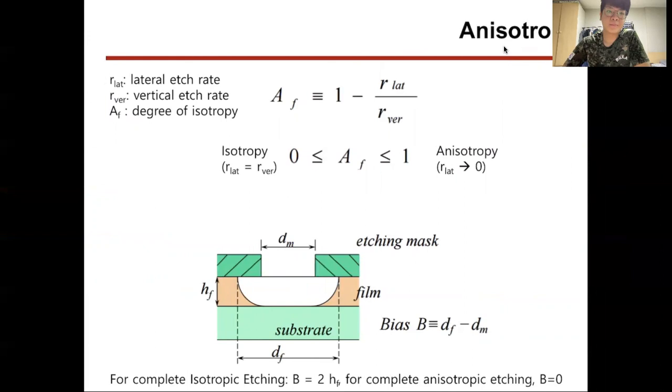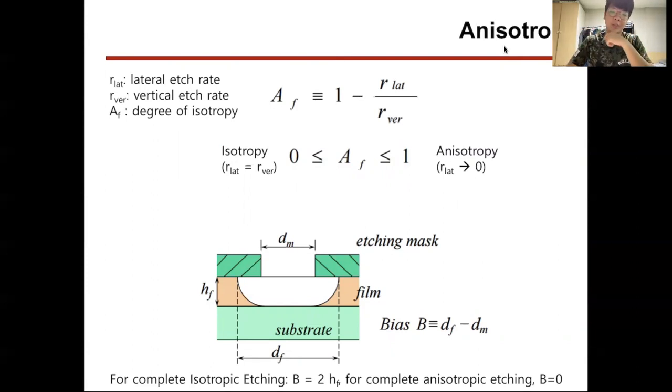There is another parameter called bias. The bias is used to tell whether a certain etchant is isotropic or anisotropic. The meaning is the difference between the bottom side of the film and the distance to the upper mask.